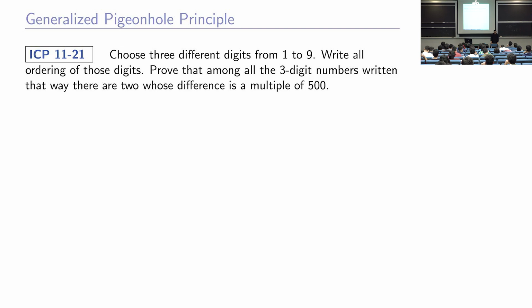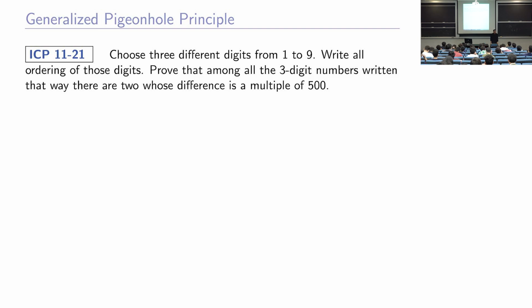Is the question clear? Three different digits, write all orderings of those digits. Let's say, how many different numbers can I create? Do the first part of this question.